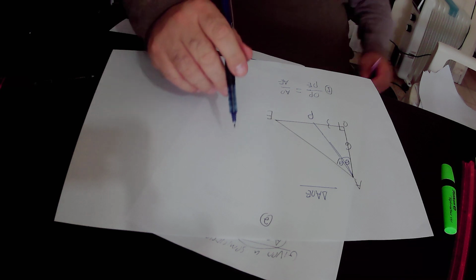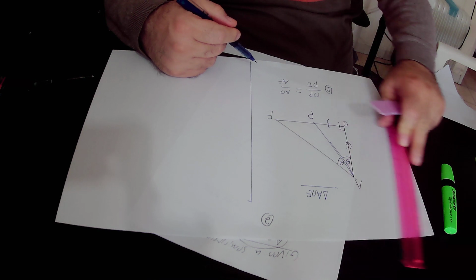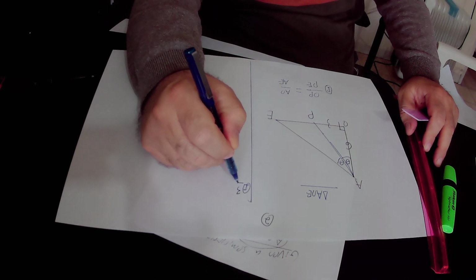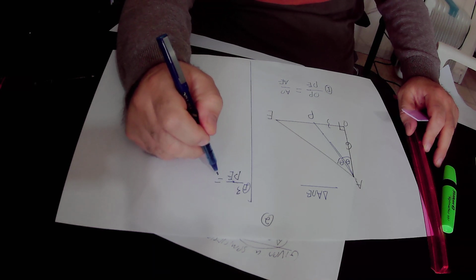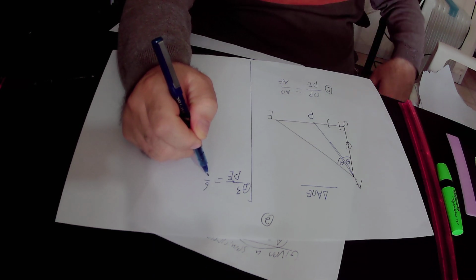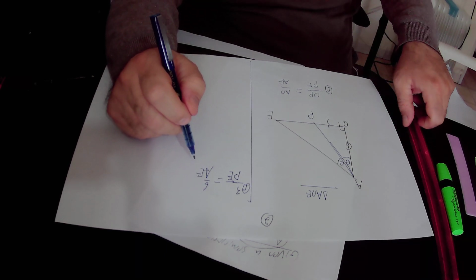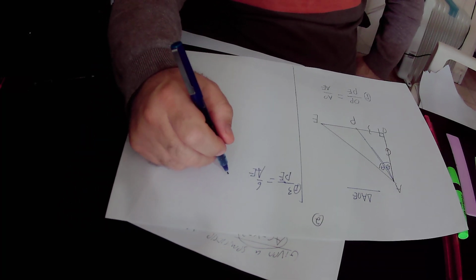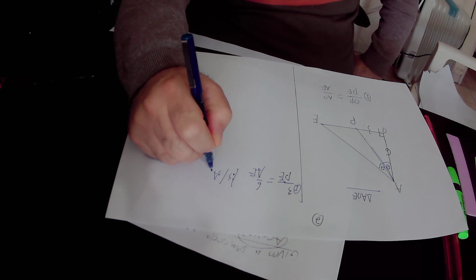So OP, according to equation number 1, equals 3 units over PE, and it is equal to AO, which equals 6 units according to what is given in the question, over AE. Here we'll divide equation number 1 by 3 and multiply it by AE.